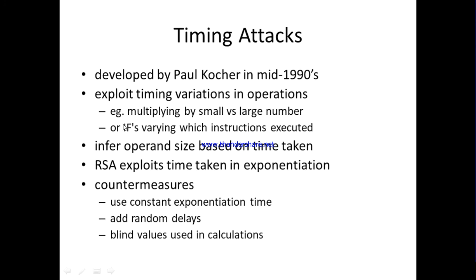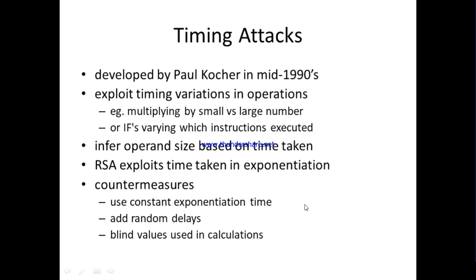To overcome the timing attack, we have three different countermeasures. One is to use constant exponentiation time. Even if it is smaller prime numbers or bigger prime numbers, we need to use some padding to perform the multiplication in the same amount of time.